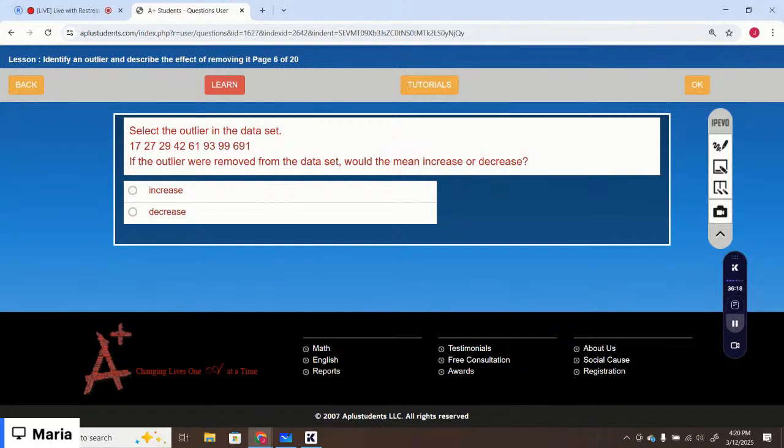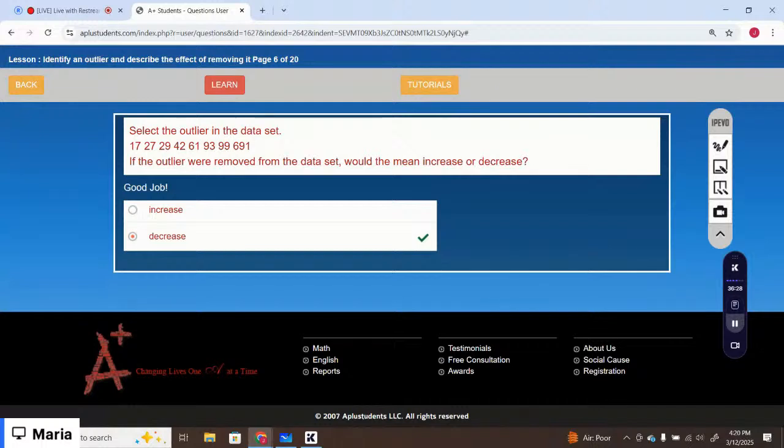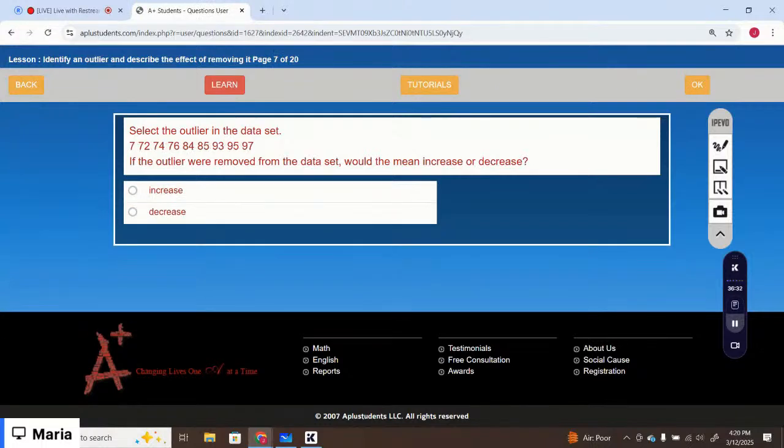That is 691, and if you remove 691, the mean would be decreased because 691 is much greater than the other numbers. So removing 691 affects the mean.